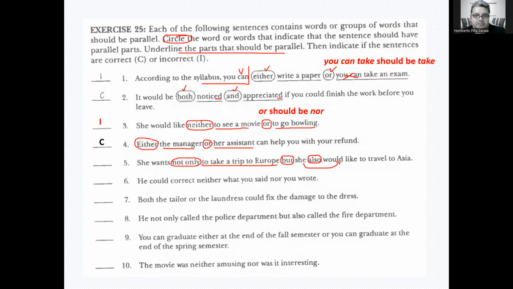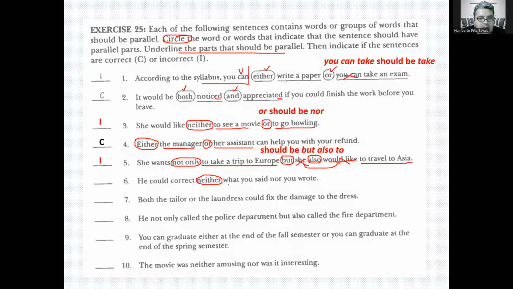So it should be: she wants not only to take a trip to Europe, but also to travel to Asia. We eliminate this, and it will be to travel to Asia, to take a trip, to travel, that will be parallel.